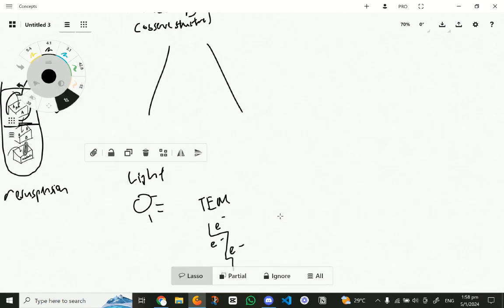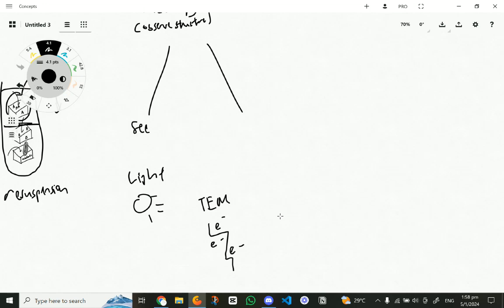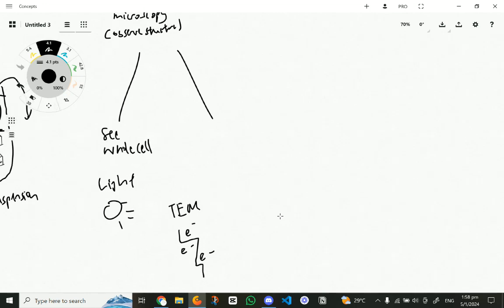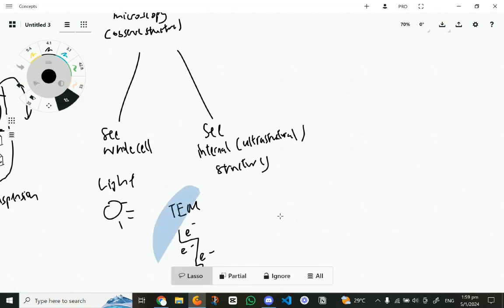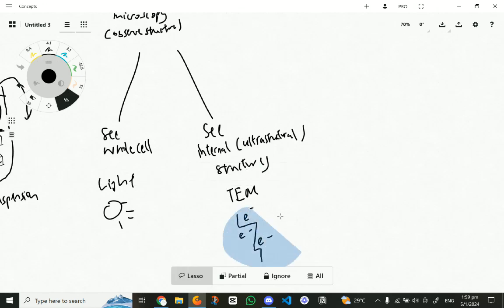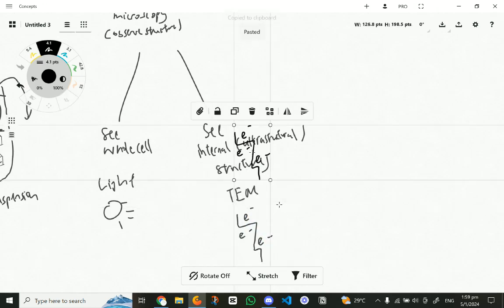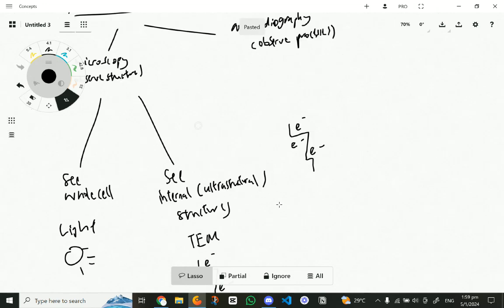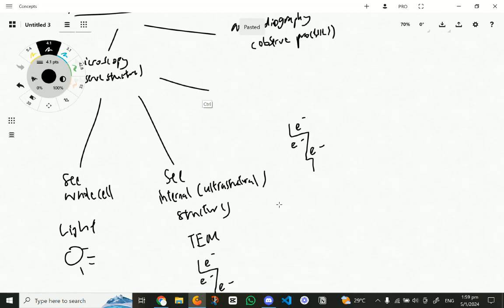So it's like see wholesale, see internal structures, TEM, and I'm just gonna copy this. Do not try to use too much of the same one. It's gonna be hieroglyphics, but I'm too lazy to think of it right now. See surface.